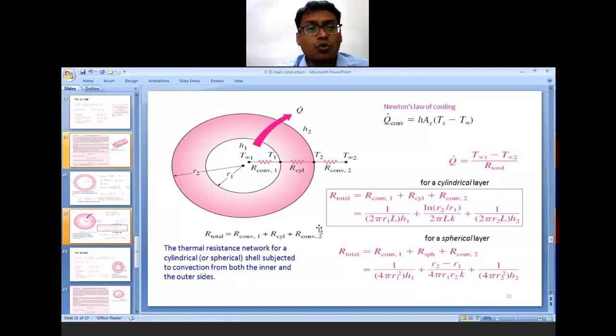So this is the total thermal resistance network for a cylindrical shell subjected to convection from both the inner and outer sides. So convective resistances from the inner as well as from the outer surfaces are to be taken into account. It is not necessary always that you take both the resistances. Sometimes one resistance can be neglected.